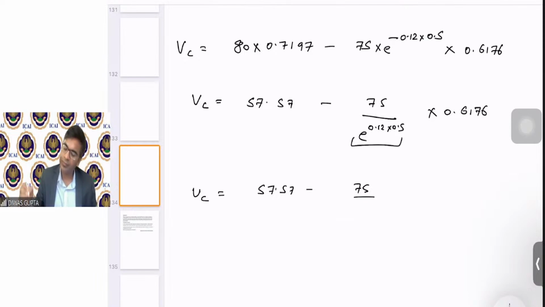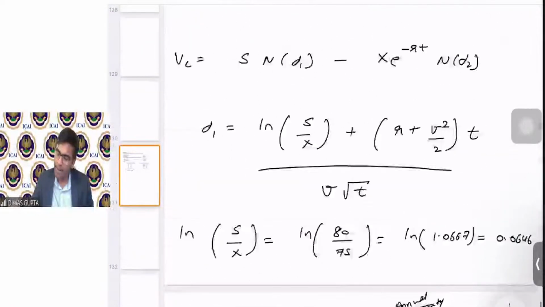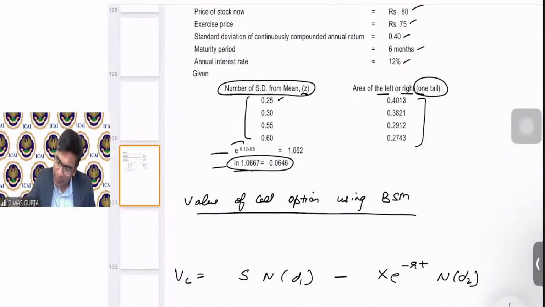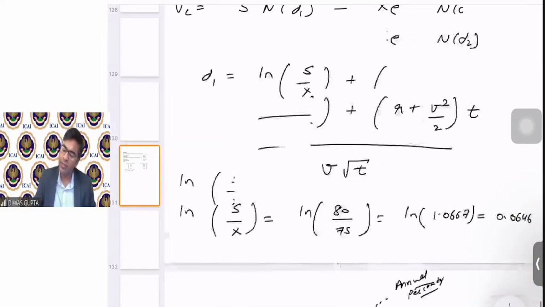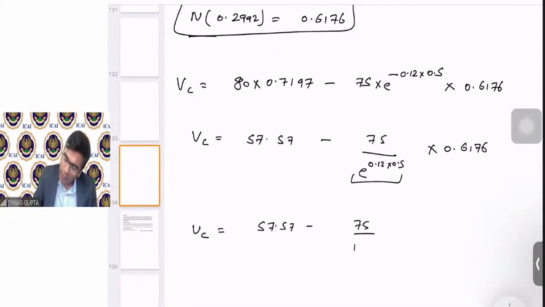So this value is also given in the question. What is the value? E raised to the power 0.12 into 0.5 is 1.062, students, into 0.6176. Okay. So the value of call option is 57.57 minus 43.62, which is equal to 13.95.